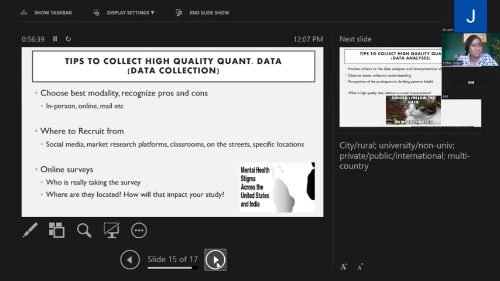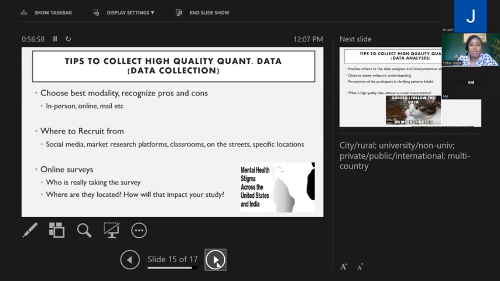So that's something you need to figure out and ask yourself how you can ensure that you are collecting quality responses or quality data based also on your research question. Where they are located could also impact your responses. So you need to be mindful of that, right?